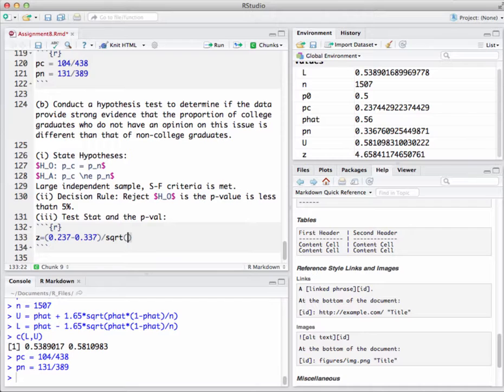Now down in the standard error, we're going to have two terms that we need to put in there, so let's get in the first one.